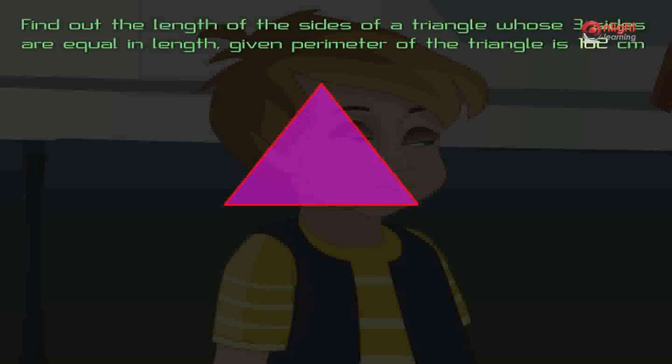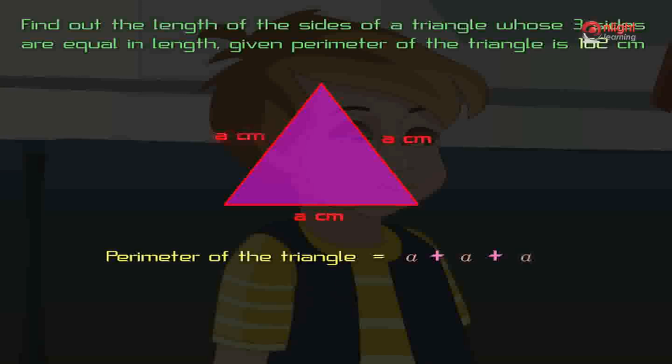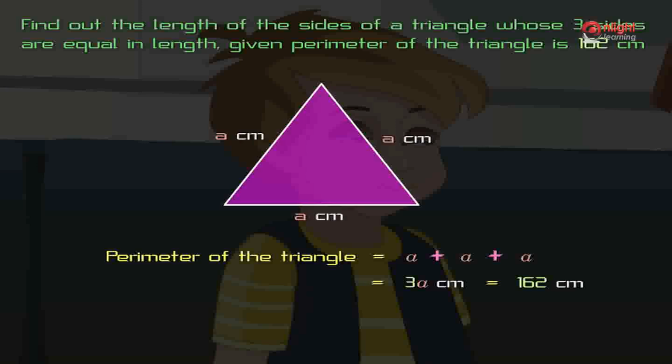Let us suppose the length of each side of the triangle is A centimeters. Hence, the perimeter of the triangle is equal to A plus A plus A, which is equal to 3A, which is equal to 162 centimeters. Hence, A is equal to 162 centimeters divided by 3, which is equal to 54 centimeters.